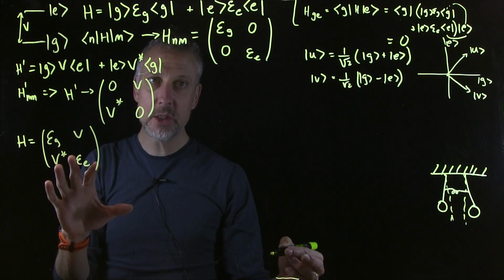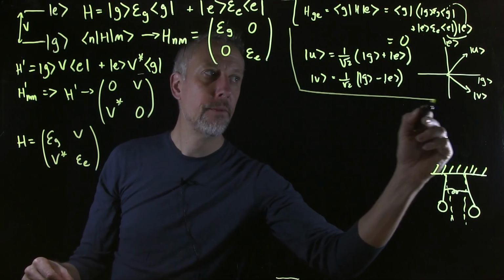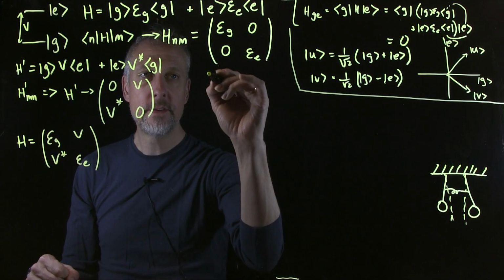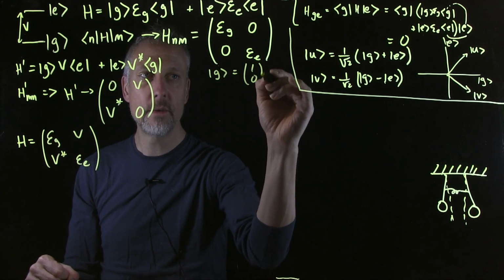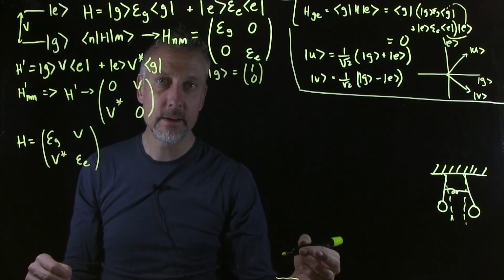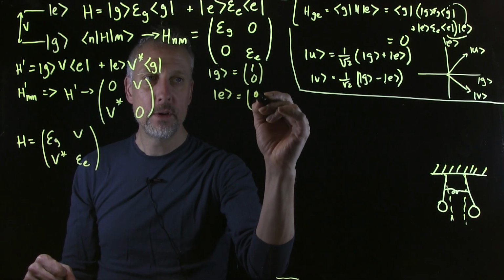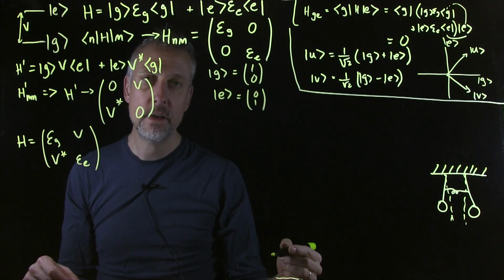So this is a 2 by 2, so let's make sure that we're very concrete about this. This will come back later. All right, so what we mean then is the basis G, for example, is going to be 1, 0, sort of like the i-hat in a 2-dimensional system. E will be 0, 1. And you can convince yourself they're orthogonal. If you take the scalar product, you get 0.